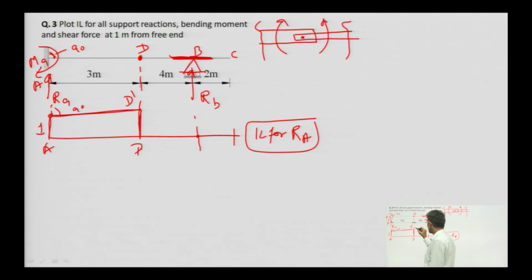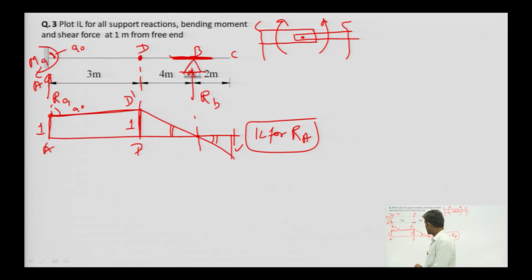Since compatibility has to remain same, then this will be the deflected shape, okay. This is 1, so this is also 1, okay. This distance is known to you, 4 meter. So, that angle can be known to us, and that angle is exactly same. So, this ordinate can be calculated. So, this is the plot for RA.